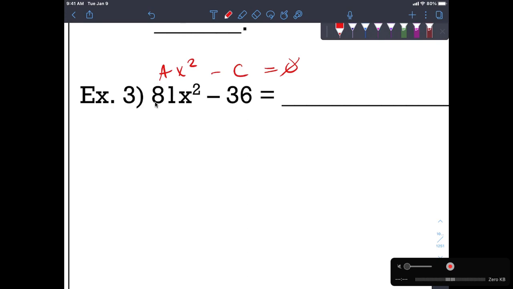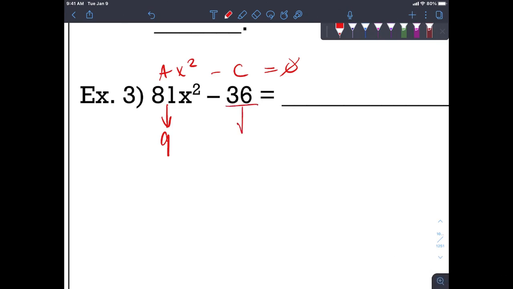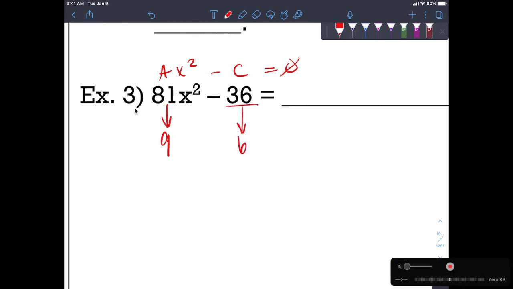Can I take the square root and it gives me a whole number? Yes, 9. Now I look at this guy. I can take the square root. It's 6. That tells me the answer should look like this.